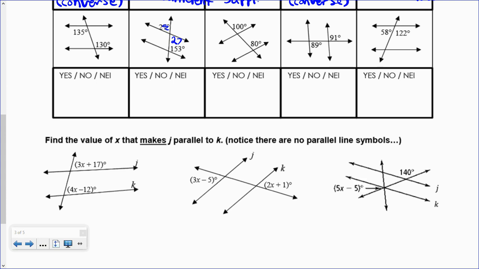Alright, next one over. Anybody for the one in the middle? Good. No, because corresponding angles. Good. So they know because corresponding angles are not congruent when they should be. Yes.